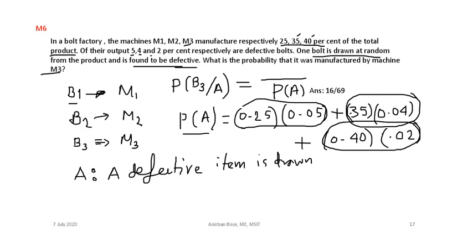So you have to write the contribution from machine 3, which is 0.4 multiplied by 0.02. If you do this calculation, you will get the probability that the defective product is coming from machine 3. So this will be the answer. Okay, thank you.